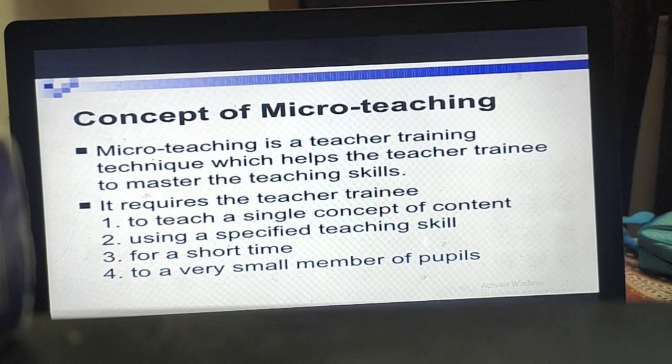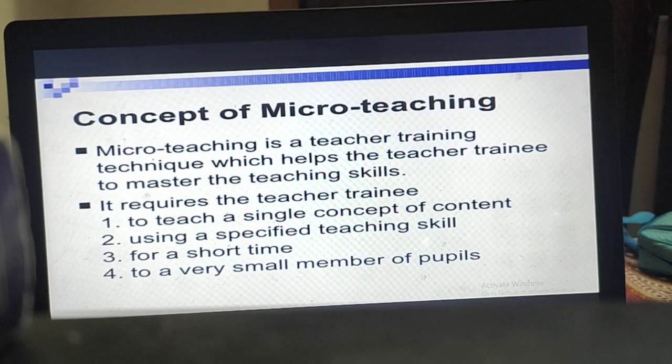That's why the teacher trainee is required to teach a single concept of content using a specified teaching skill for a short time to a very small number of pupils, maybe 5 to 15 students, and the time is a maximum of 10 minutes.